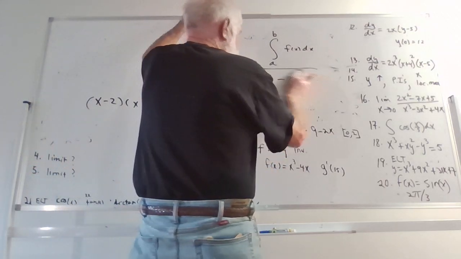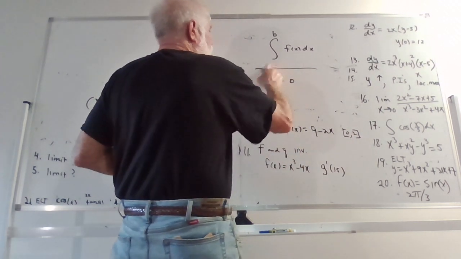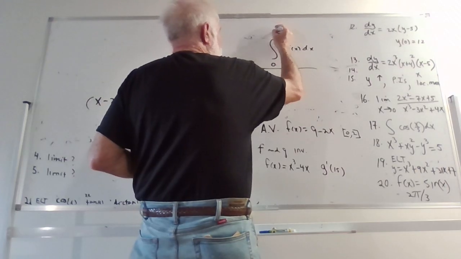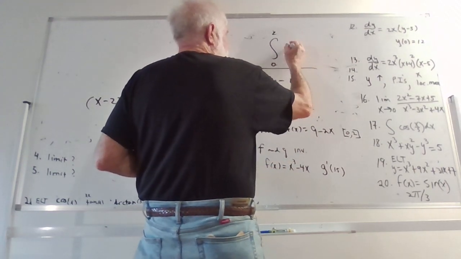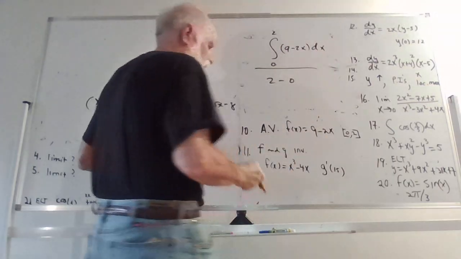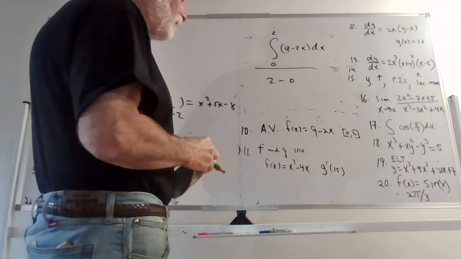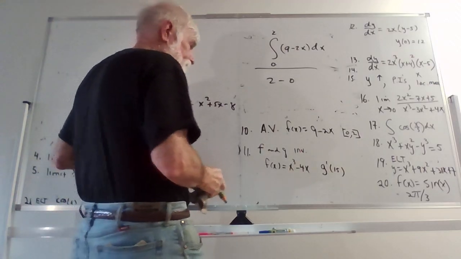So b minus a, 2 minus 0, from 0 to 2. What was our function? 9 minus 2x. And you can see a situation materialized in one of the next lesson sets with some trig. We'll find some average temperatures over a period of time.